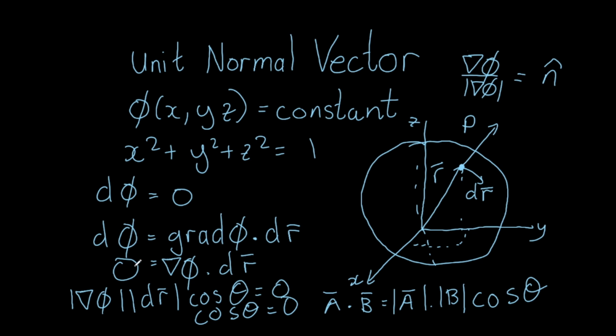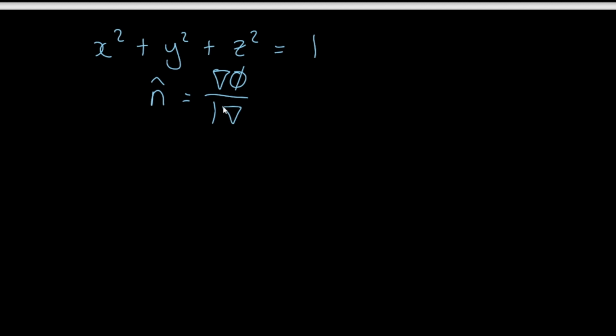We can implement this in a simple example. Let's take our sphere again: x squared plus y squared plus z squared is equal to 1. And remember what our unit normal vector is. It's the gradient vector divided by the magnitude of the gradient vector. So what is the gradient vector?